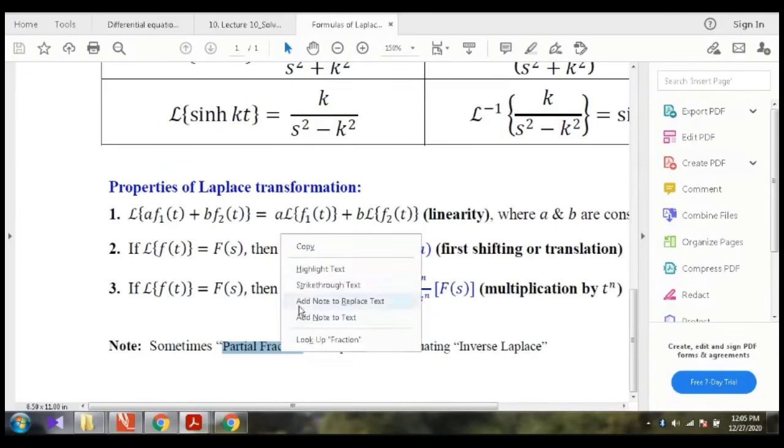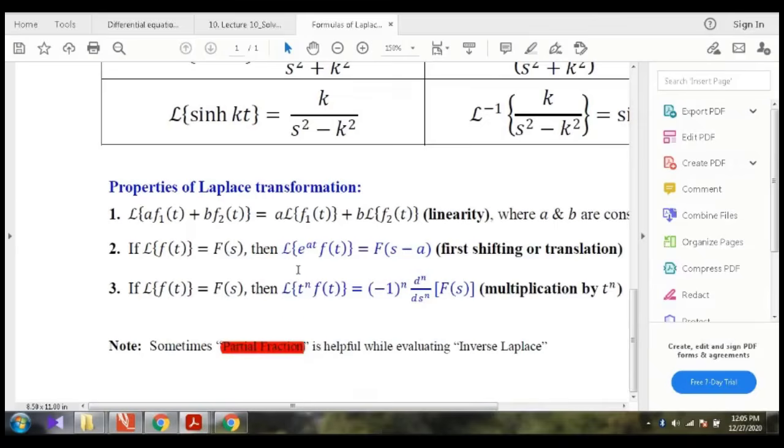So we also have to recall what partial fraction is. Partial fraction is a process by which we can split up the combined terms.